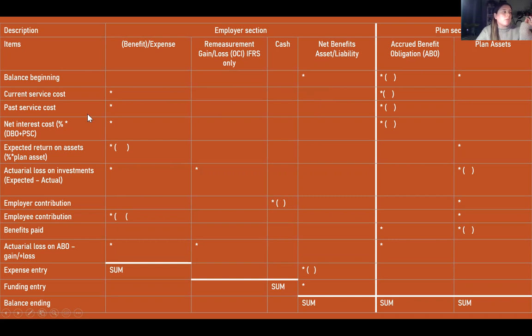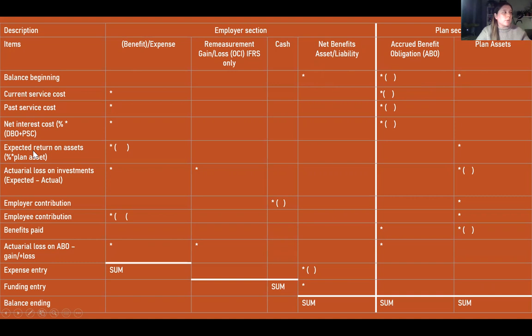Where they might try and trick you is the underfunded, overfunded part. You have to know what's happening when it's overfunded versus underfunded, because this is going to affect your net benefits asset liability. You also need to know your net interest cost formula, and know that your past service costs can be calculated using this formula.